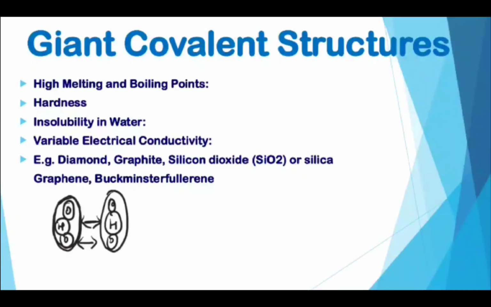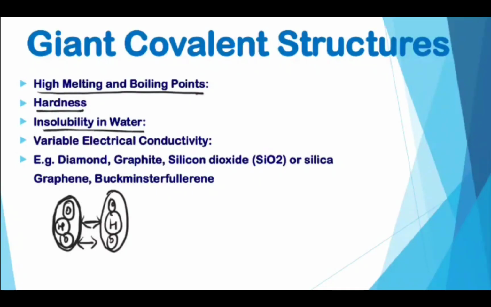However, some covalent substances such as silicon dioxide, diamond and graphite have giant covalent structures. Giant covalent structures have high melting and boiling points. They are hard.